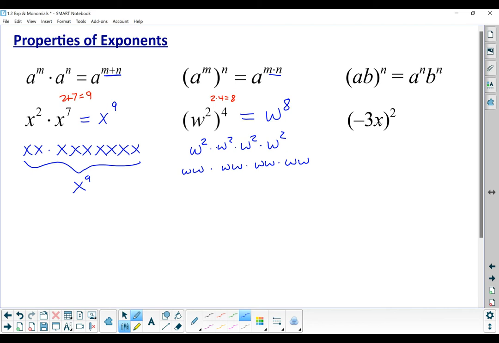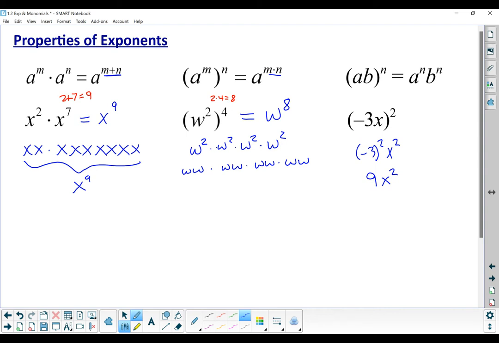So if we have -3x and that's being squared, we can think of this as -3 being squared and x being squared. -3 squared gives us +9, so this is +9x squared. We applied the power to the portion of the base that's the coefficient, the -3, and we applied that power to the x as well.